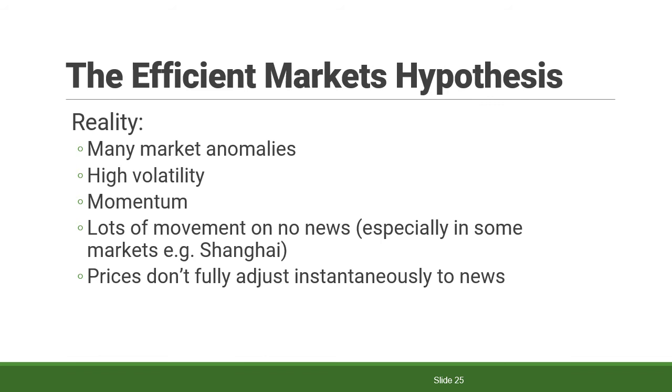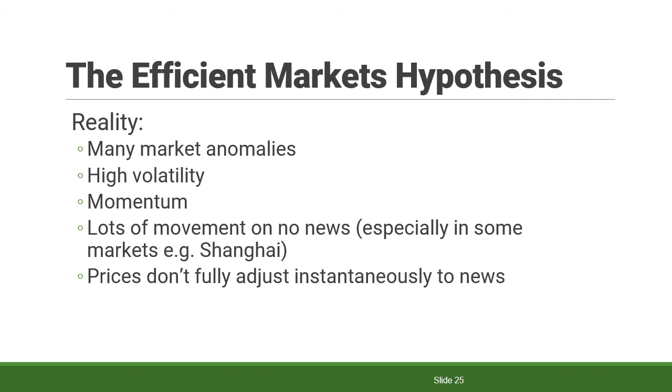First, there are many market anomalies that we can see. Things like monopsonies, oligopolies, and monopolies exist in the markets, which can then lead to market failures. There's high volatility in certain markets. Momentum is something that we need to consider in terms of understanding how these markets evolve.